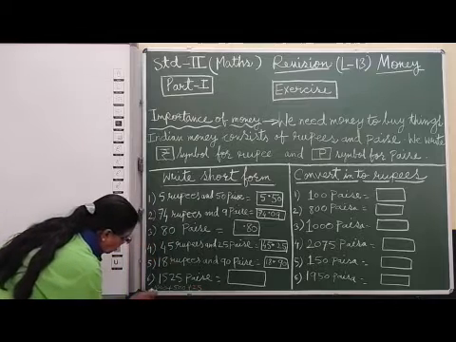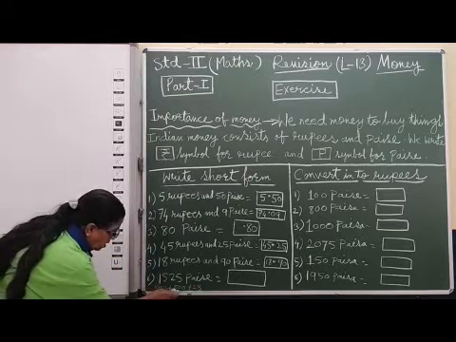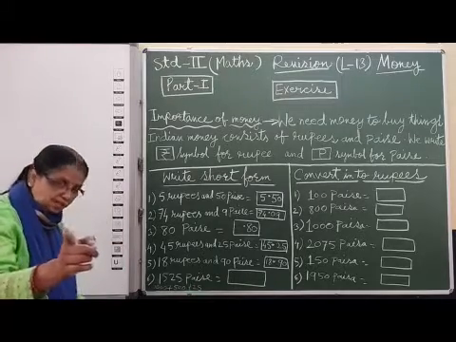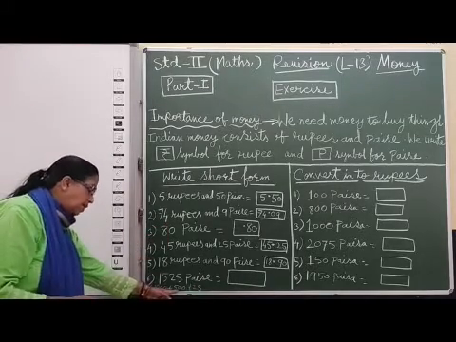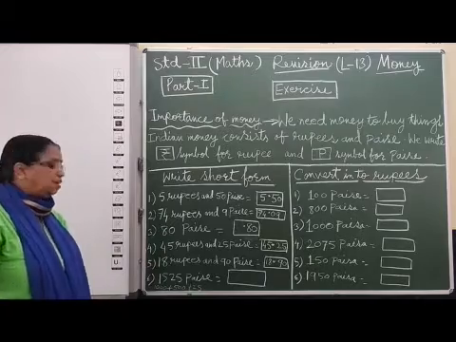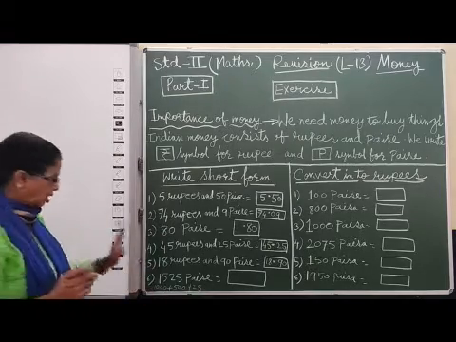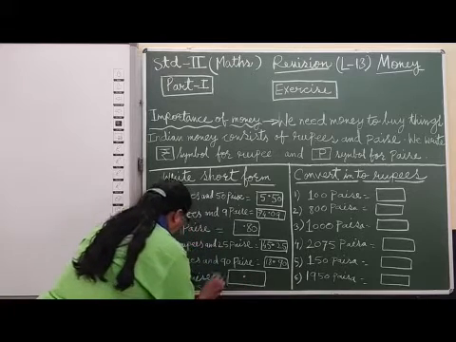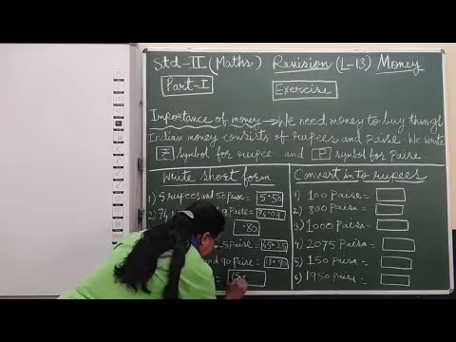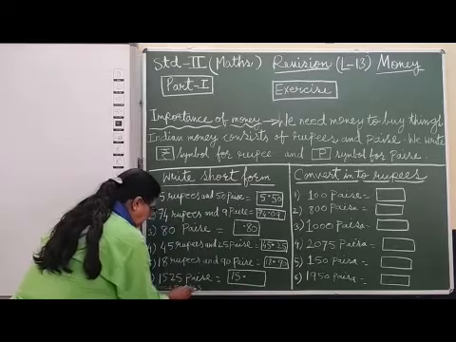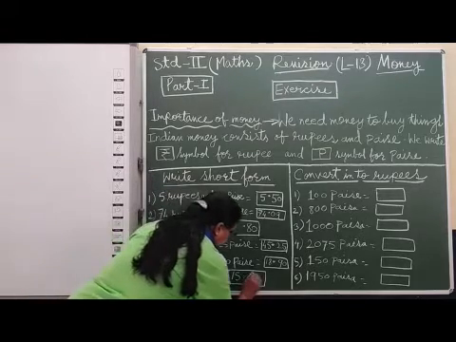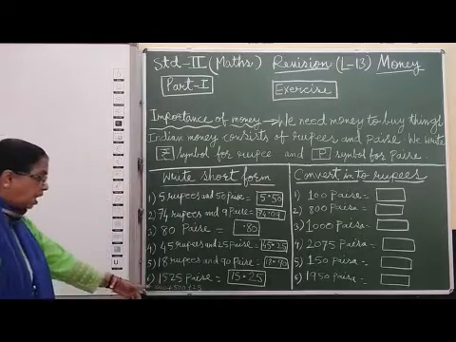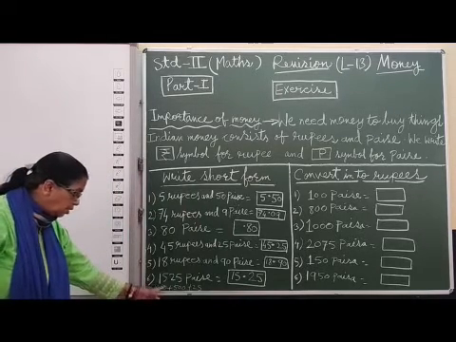Isn't it? So 1000 paise means 10 rupees, plus 500 paise means 5 rupees. So 10 plus 5 is equal to 15 rupees. And this 25 is separate, that is paise. 15 rupees 25 paise.